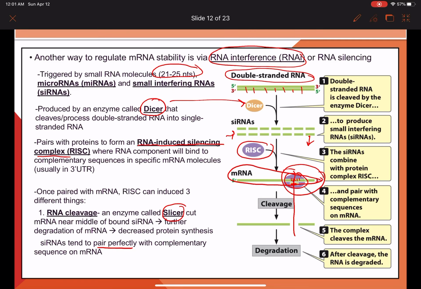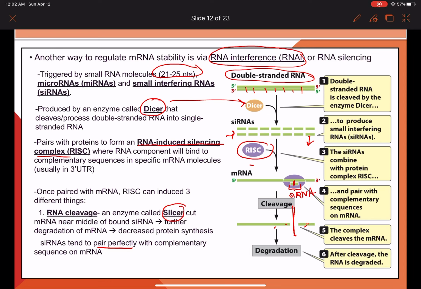Let me erase that. Okay, so with that, you have your siRNA right there, and the middle of that sequence is where slicer is going to know where to cut. So it's going to make a slice right there, breaking the mRNA molecule initially into two bigger pieces, okay?